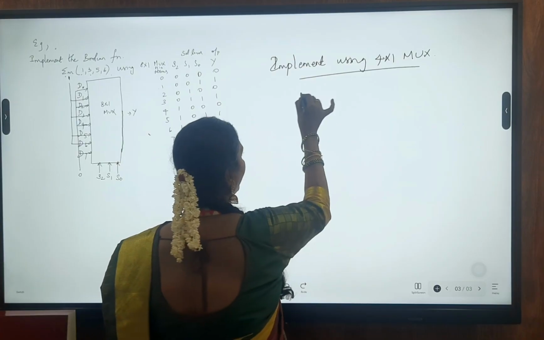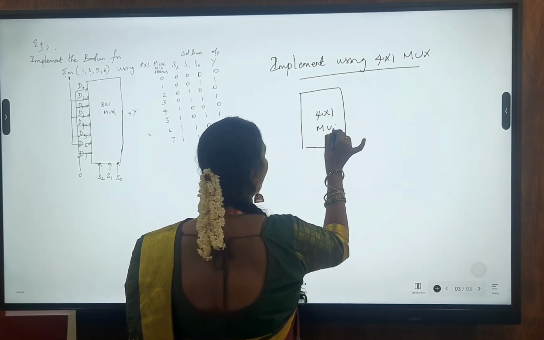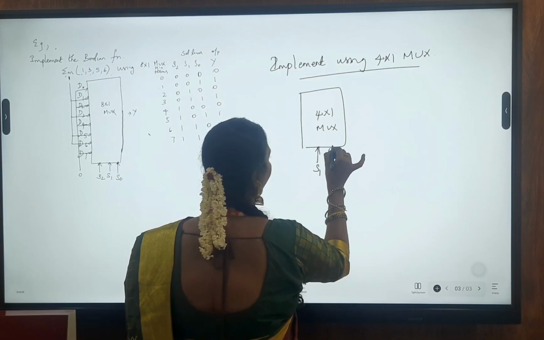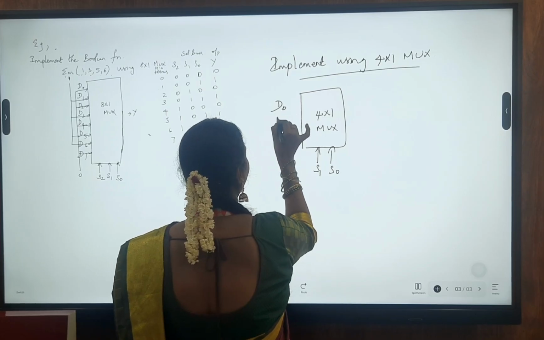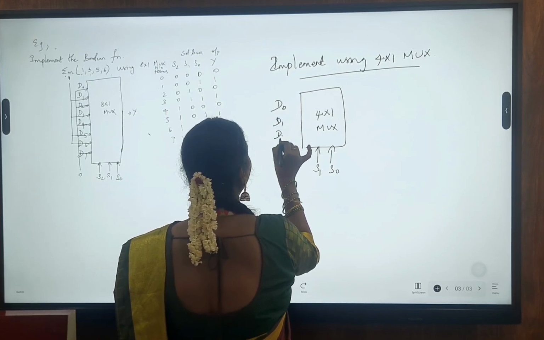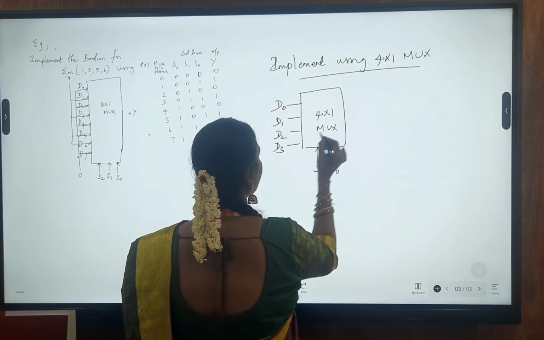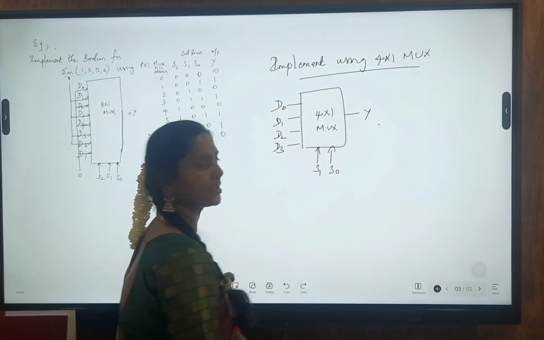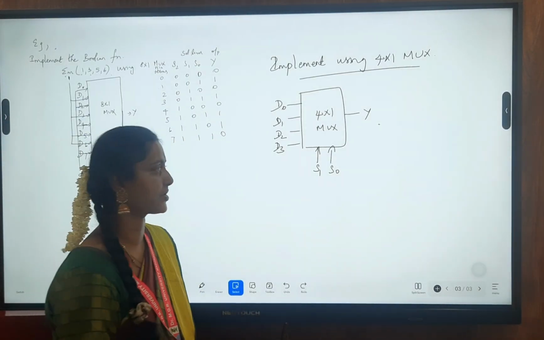A 4x1 multiplexer means you will be having only 4 inputs, right? 4 inputs with 2 selection lines. So here, suppose I write D0, D1, D2 and D3. I will be having only these 4 inputs and my output is Y. So how to design using a 4x1 multiplexer?